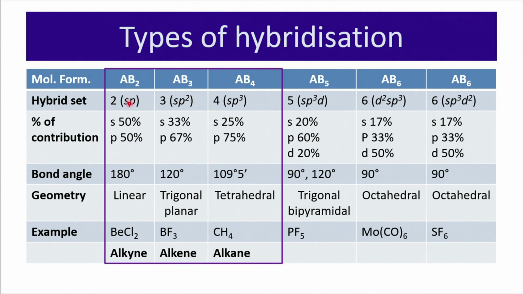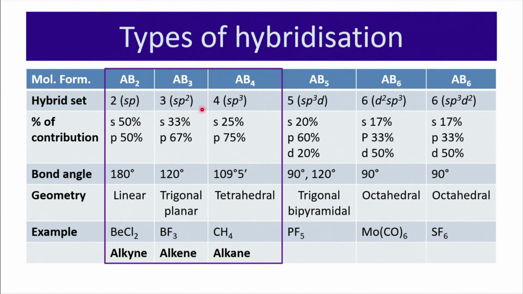That means a 1:1 ratio of mixing is seen in this type of molecules, and the bond angle observed is 180 degrees. In other words, linear geometry is available for AB2 type molecules. Some examples include BeCl2, or in organic chemistry, alkynes have sp hybridization. To explain the linear structure of the molecule, we use sp hybridization.